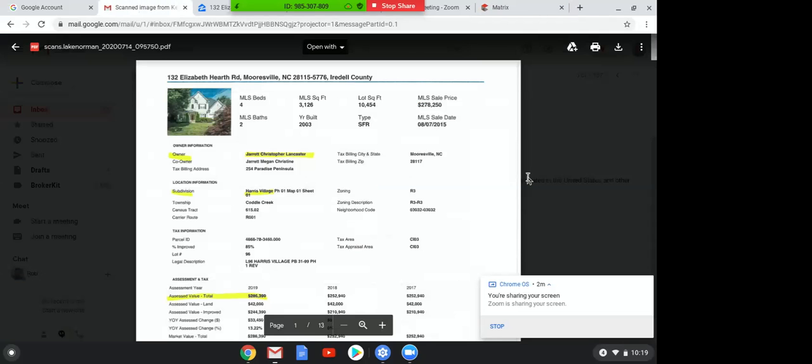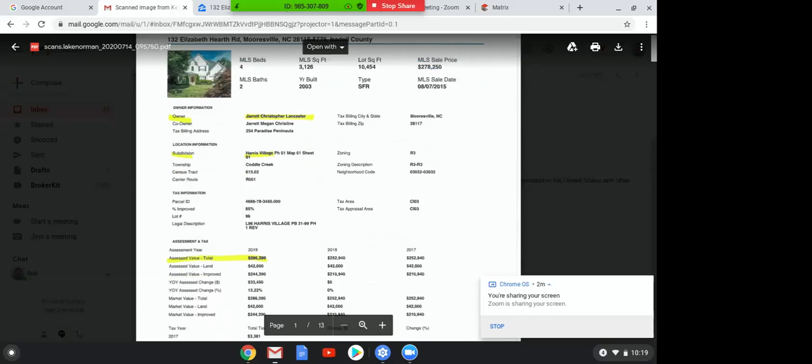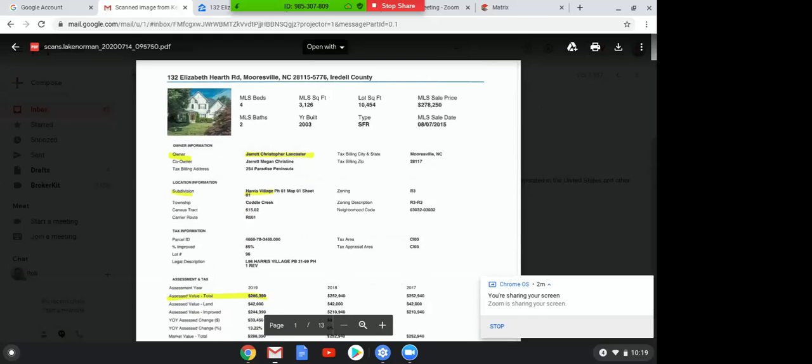This is the tax assessor's record that I printed out. It's from the MLS, a public record. This is all the public information. And I noticed that right here, the subdivision says Harris Village.